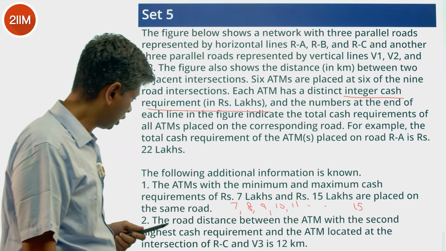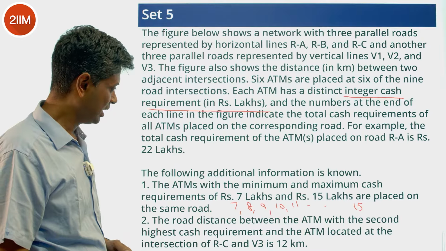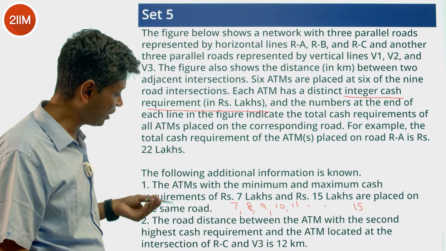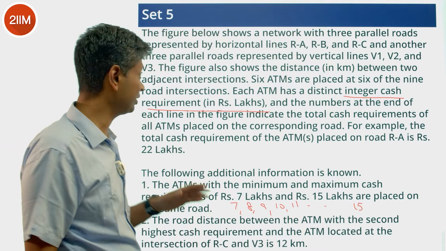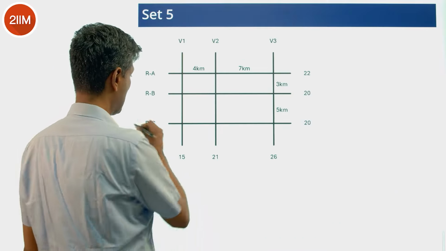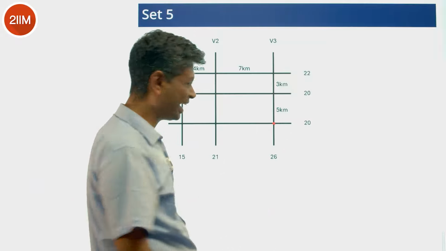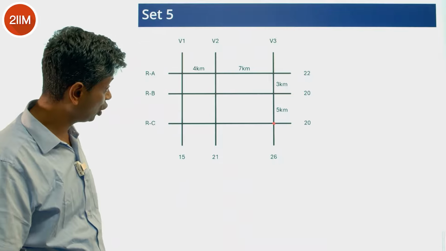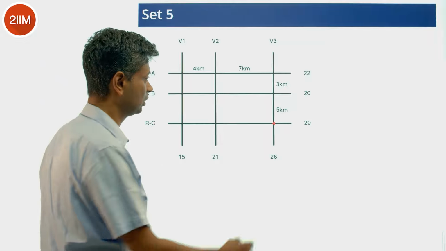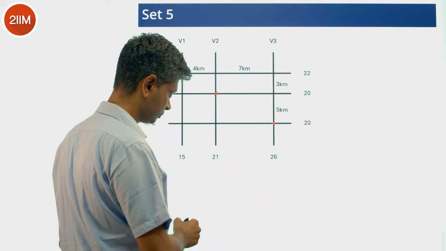The road distance between the ATM with the second highest cash requirement and the ATM located at the distance of RC and V3 is 12 kilometers. From RC and V3 to the second highest requirement is 12 kilometers. This is 5 plus 7, this would be 12.